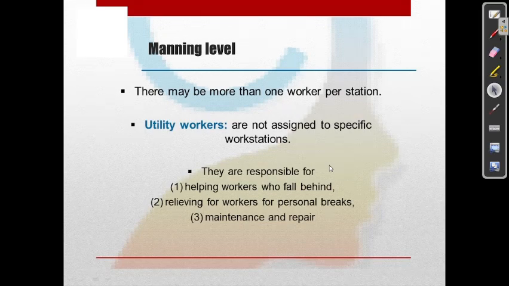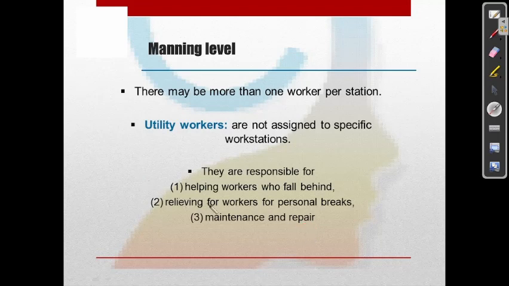How can we manage those levels? That is a very important thing. Then the manning level. When there is more than one worker per station, that should be considered as the manning level. Utility workers are not assigned to specific workstations. They are responsible for helping workers who fall behind, and relieving workers for personal breaks, maintenance and repair.